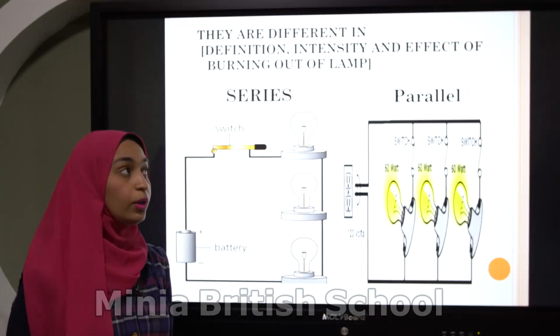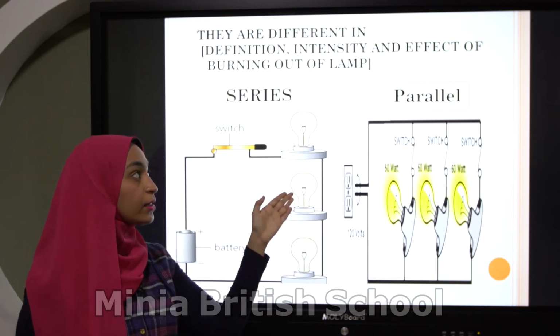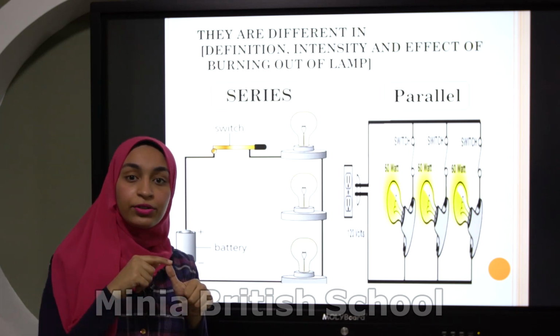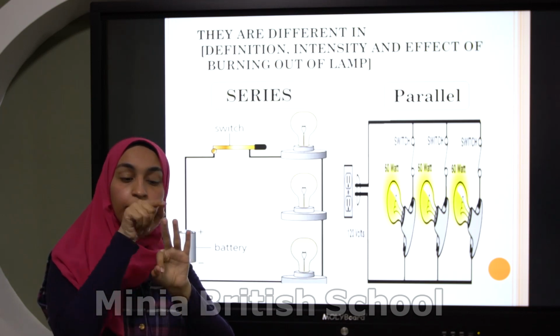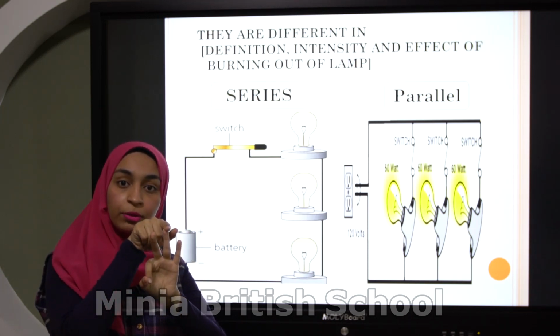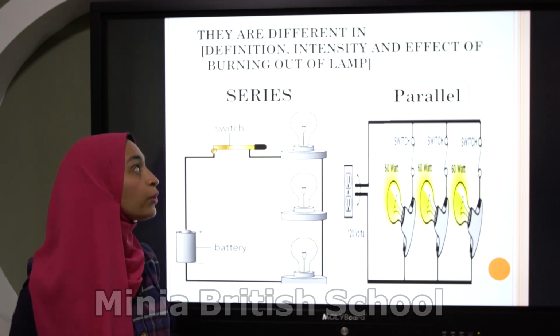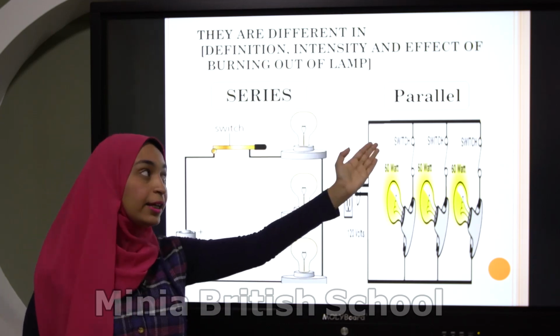So, we can summarize our lesson today in these figures. We talked about what? We talked about the electric circuit, which consists of three main parts: battery, light bulb, and wires to connect between them. Then we talked about the method of connection: series and parallel.